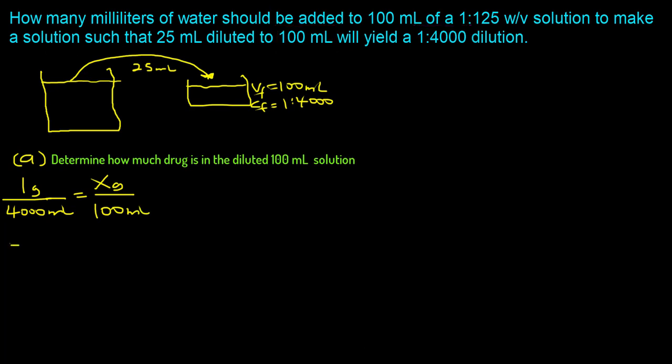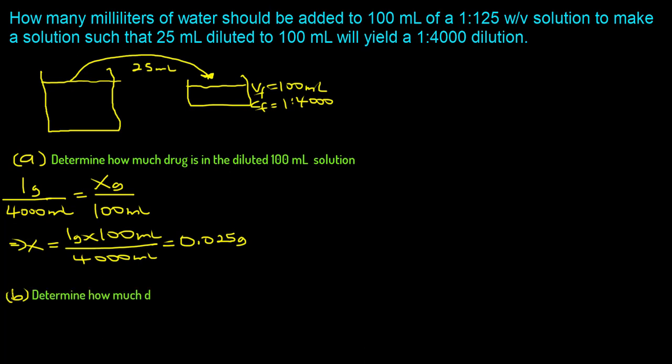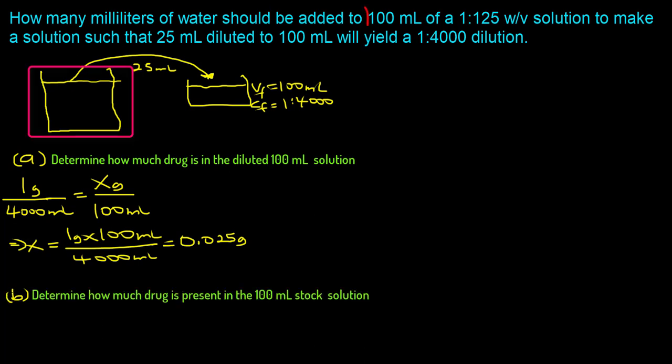So we can go ahead and solve for x, which is our unknown here, and x is going to be equal to 1 gram times 100 milliliters divided by 4,000 milliliters, and that is equal to 0.025 grams.